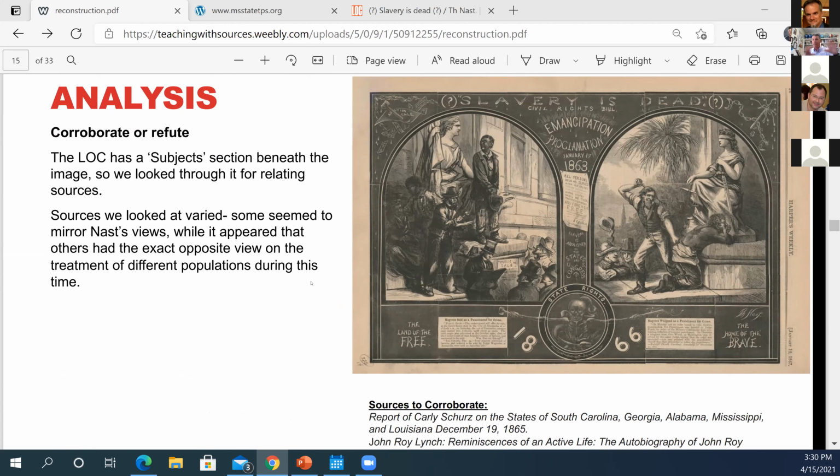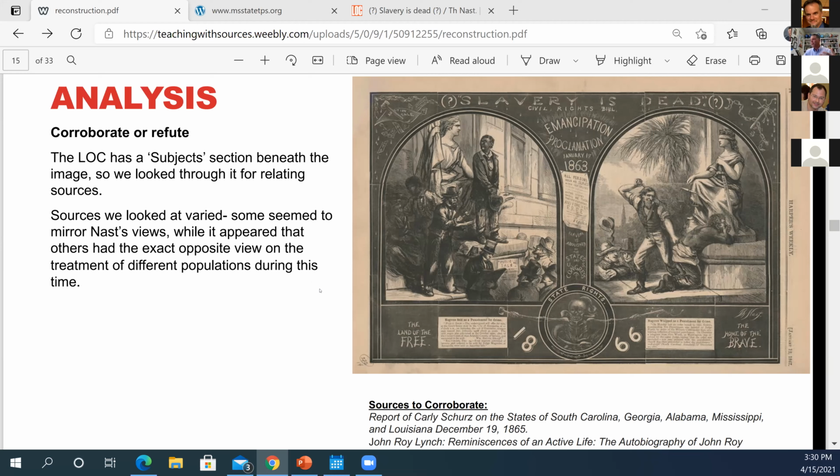But there are some sources that they found on the Library of Congress that refuted this, that made Reconstruction look more successful. But maybe in 1868, they didn't think it was a failure. We know it's a failure now, in many ways, looking back. And so they found some sources on the Library of Congress that challenged this particular view of it.